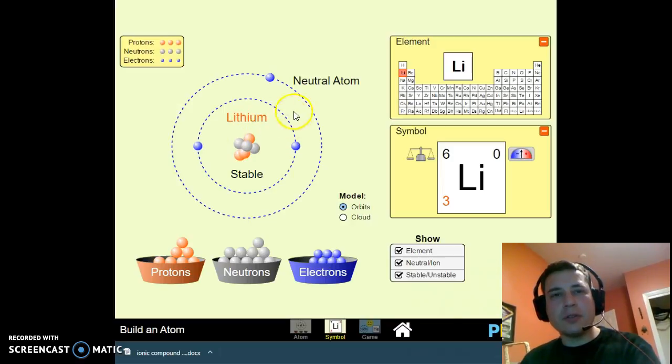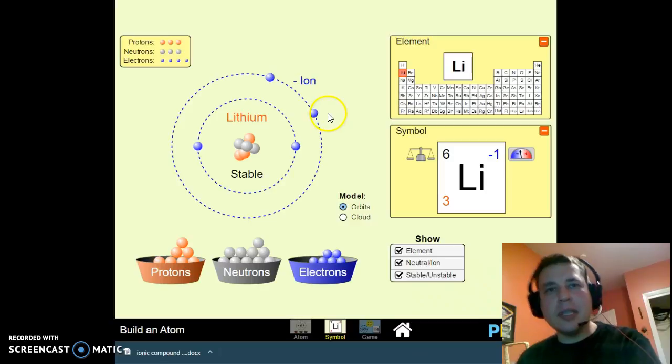And so the first discussion that we need to have about the chemistry of these electrons out here is what happens when you add and subtract them. Since that is so important, we've come up with a name for that, and we call that an ion. So let's go ahead and add an electron to our lithium here, and you'll see that we have turned this from a neutral atom to an ion.